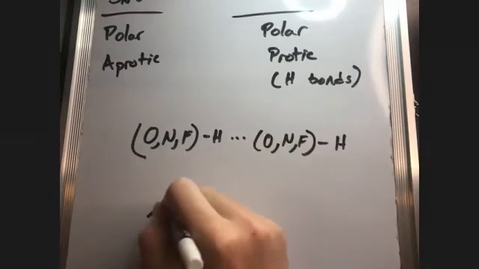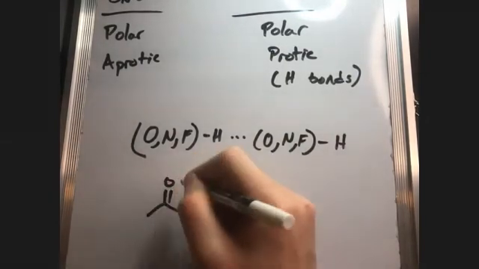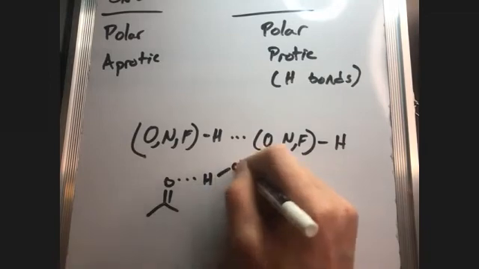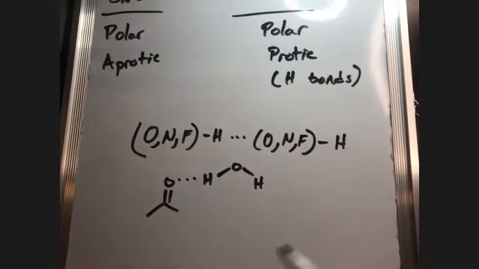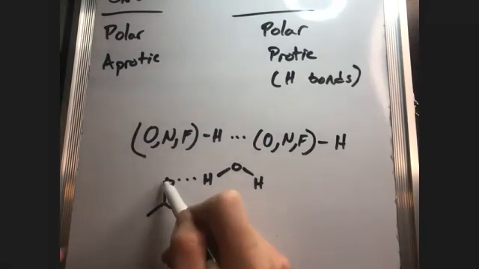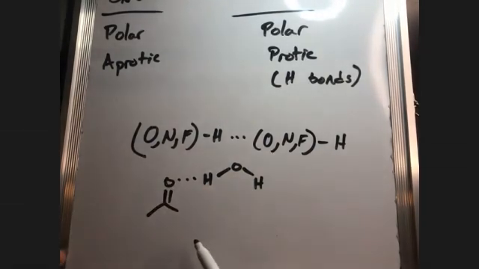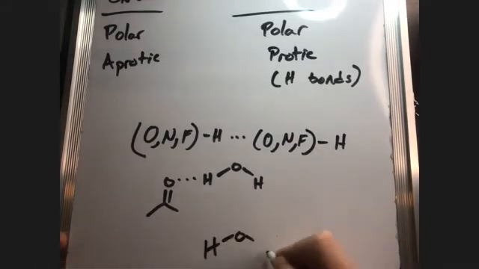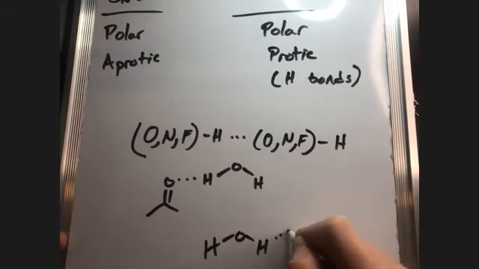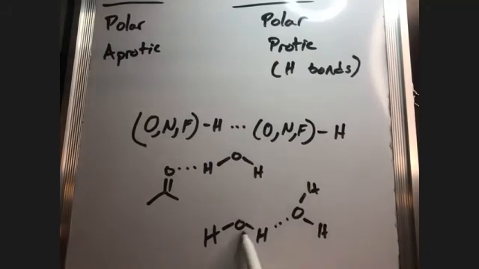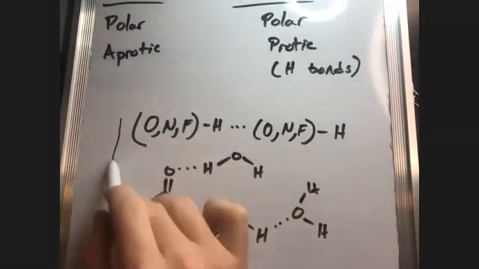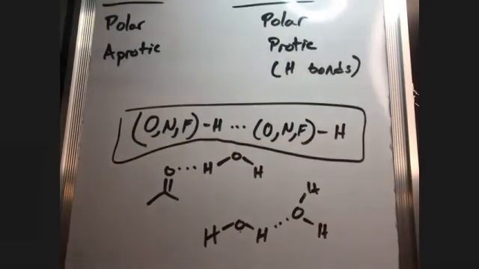So for instance, let's say you have acetone and water. This is kind of a pseudo hydrogen bond because this is stronger than a dipole, but we wouldn't call this a hydrogen bond in the sense of protic solvents because there's no hydrogen off of this oxygen here. Okay, so hopefully this explains the point that if water was by itself, that's a protic solvent, certainly, because there's two hydrogens off of this oxygen and there's an oxygen off of this hydrogen, right? So it meets the very specific criteria that is here.